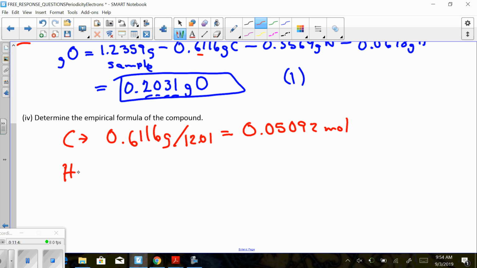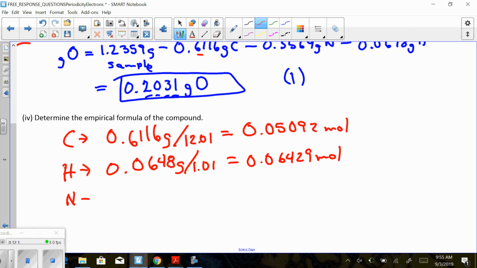If I do hydrogen, I had 0.0648 grams of hydrogen, and the molar mass of hydrogen is 1.01, and so that gives us 0.06429.